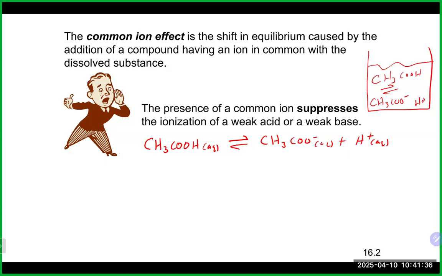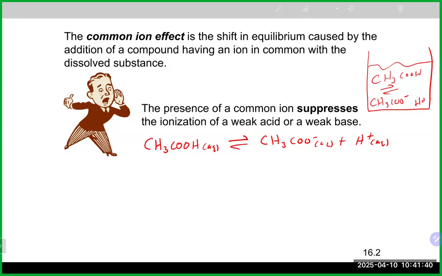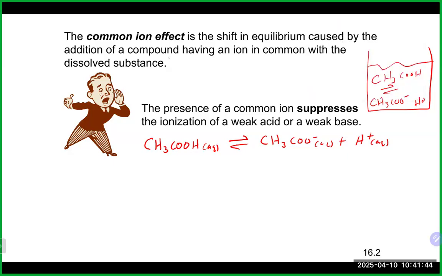Now, if in addition to the acetic acid, you decided to put in a salt like sodium acetate, because this is a salt, it will be a strong electrolyte and will 100% break apart into sodium ions and acetate ions. So these two guys are now going to go for a swim in here.